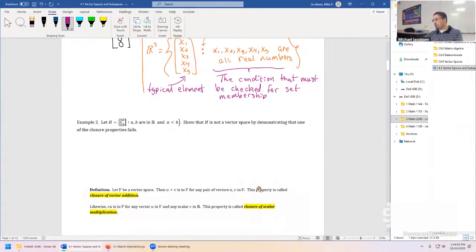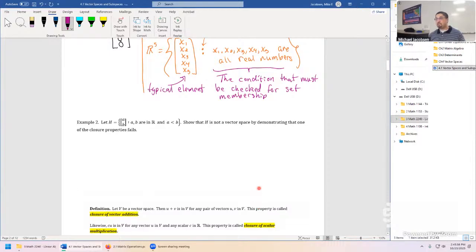And it might feel like the work we're about to do is similar to when we were looking into linear transformations, or just transformations in general. The instructions might have said, show the transformation T is not linear. We were looking for a counterexample, and same idea here. If we're trying to show the set H is not a vector space, we need a counterexample to one of the two closure properties, either the vector addition property or the scalar multiplication property.